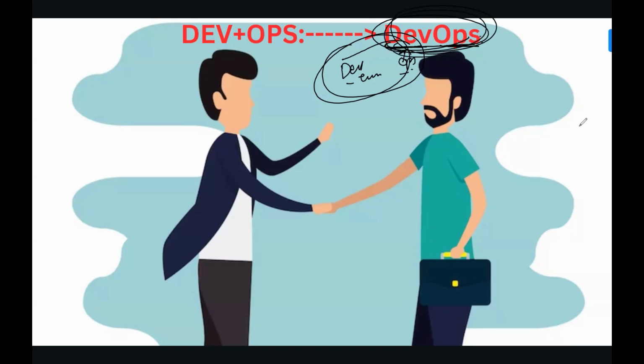I'm repeating again: as a DevOps engineer, we are not going to write any code. We are going to be involved in that team, and see which type of versions they are using and which type of packages they are installing. So here we can get to know that idea.